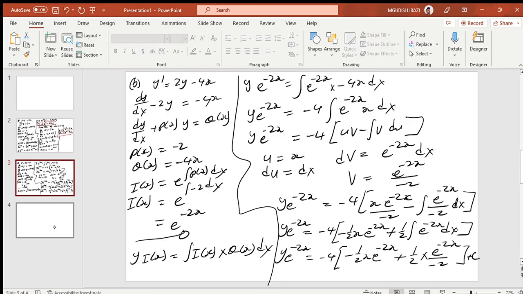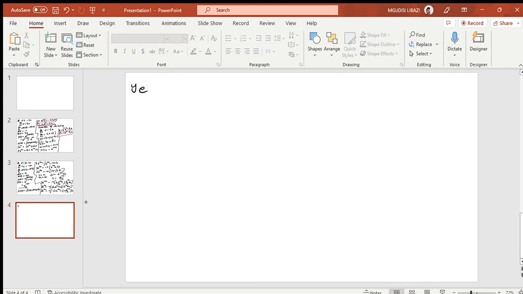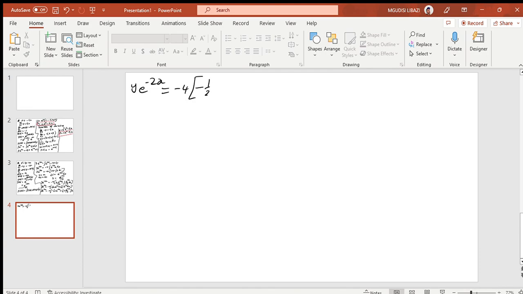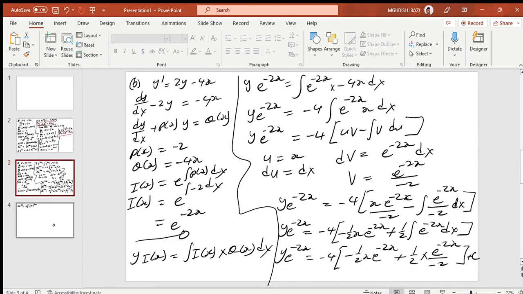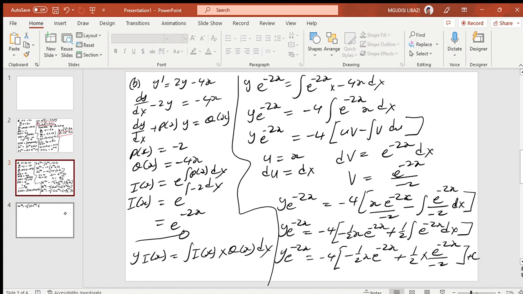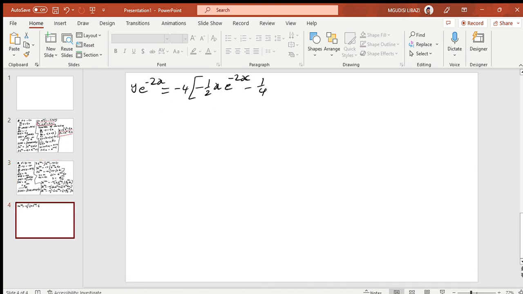So what we have now is y e raised to -2x equal to -4 into -1 over 2x e raised to -2x, and then we have a minus 1 over 4 multiplied by e raised to -2x, and then plus c.